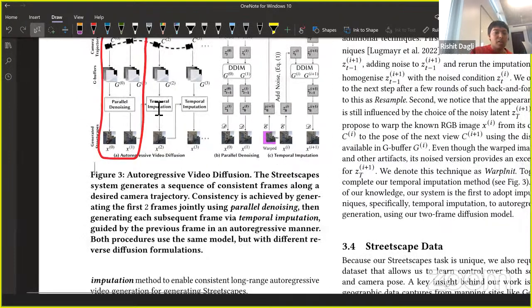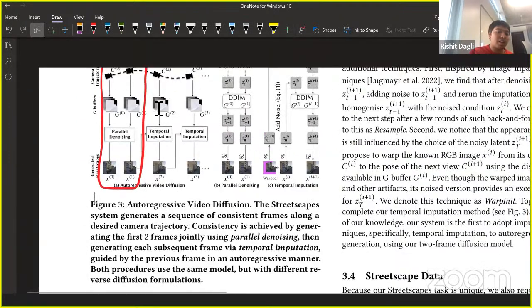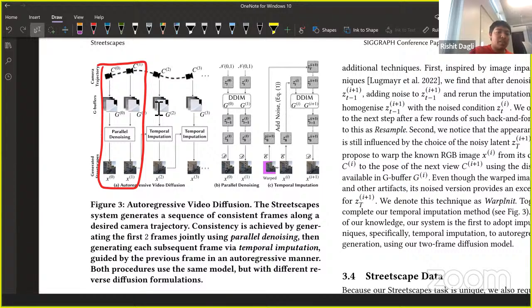Whenever you do parallel denoising yet again, what the model, in an oversimplified way of putting it, thinks is that it already generated one of the frames, which was the frame that you just generated, and then it just has to generate one more frame.